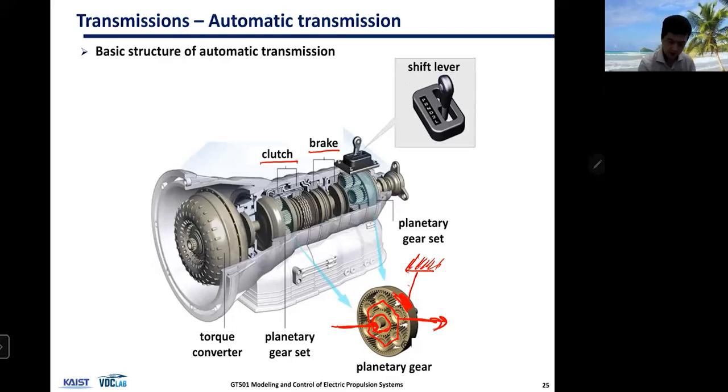So you need to connect and disconnect each shaft or each component of the planetary gear, and that's why you need multiple clutches and brakes.